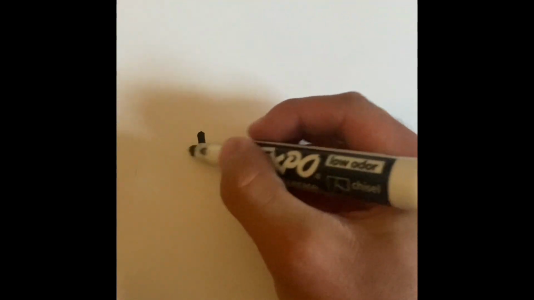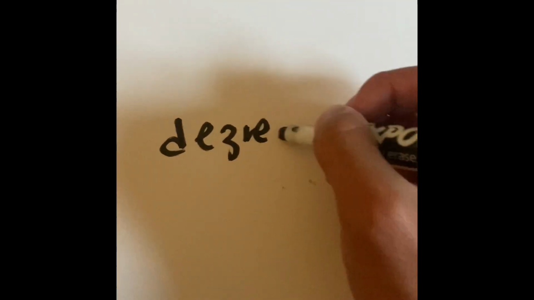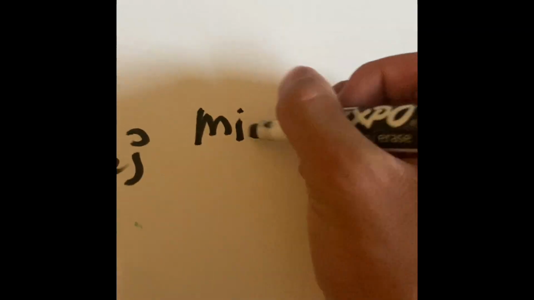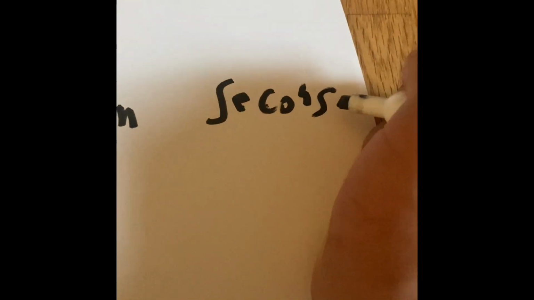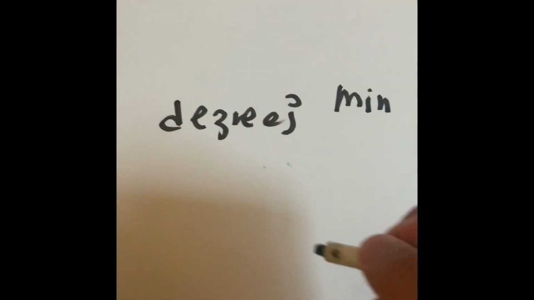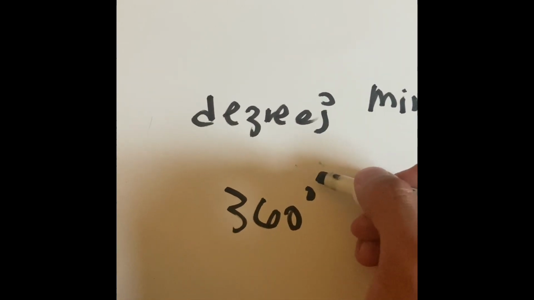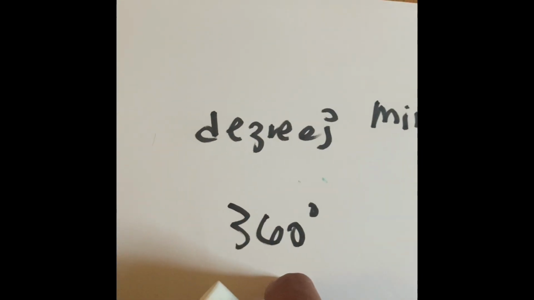We have to know about the number of degrees, the minutes that have passed, and the seconds that have passed. The thing about degrees is that it cannot exceed 360 degrees in this video.